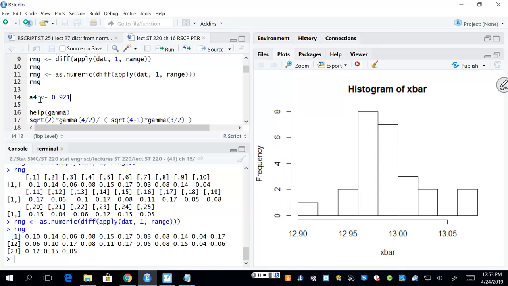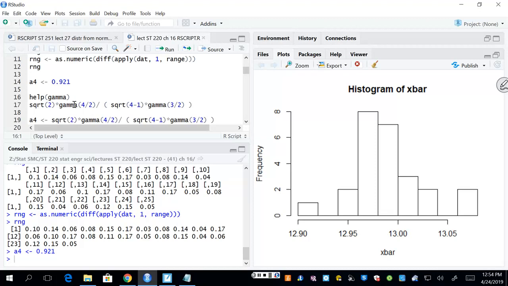So the A value for 4, there's a list of them in the book for 3, 4, 5, 2 numbers like that. The value when it's 4 is 0.921. Why do you get these gammas and square roots and things? Well, this has to do with the order statistics, which have kind of a combinatoric thing to it, and the distribution.